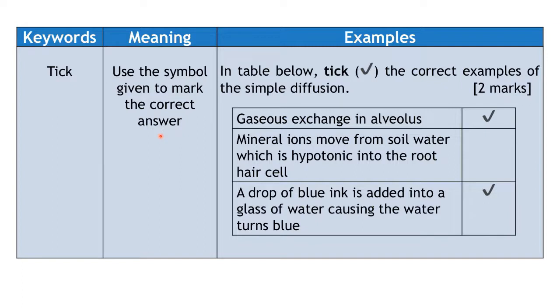When you answer this question, you must use the symbol given. The symbol given in this question is a tick, which means when you answer the question, you cannot use other symbols such as a circle or a cross. You must use tick only to mark the correct answer.